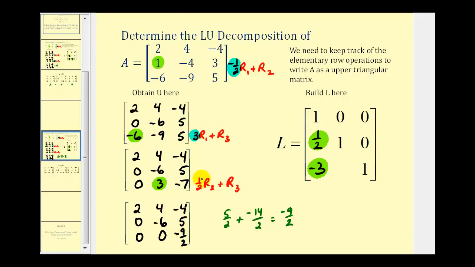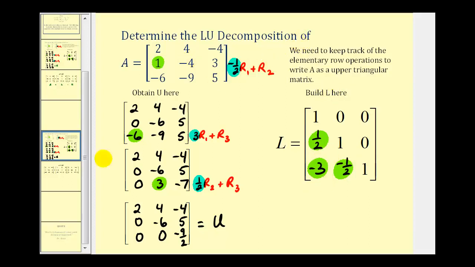Notice our multiplier here was positive 1/2 to obtain a 0 in row 3, column 2. So row 3, column 2 of our lower triangular matrix will have an element that's the opposite of positive 1/2, or negative 1/2. So here's our upper triangular matrix, and here's our lower triangular matrix for our LU decomposition.